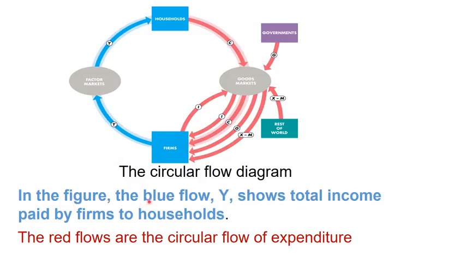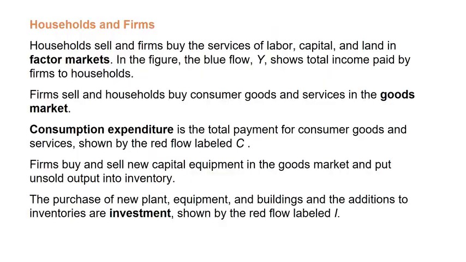So in the figure here, the blue flow representing Y shows total income paid by the firms to households. The red flows are the circular flow of expenditure or spending. Households sell and firms buy the services of labor, capital, and land, the factors of production.